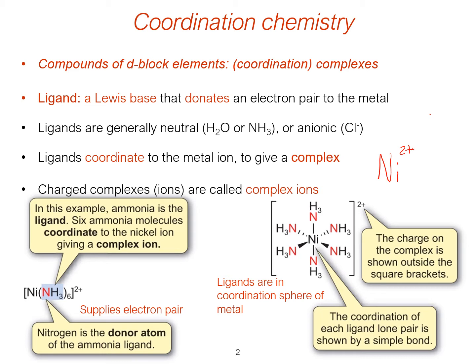And then we've got ammonia here, NH3, but this has a lone pair on it. Then this lone pair here can form a coordination bond, hence why they're called coordination complexes, to the nickel center. So these bonds are all formed by lone pairs from the nitrogen and not just a normal covalent bond like shared between the nickel and nitrogen.